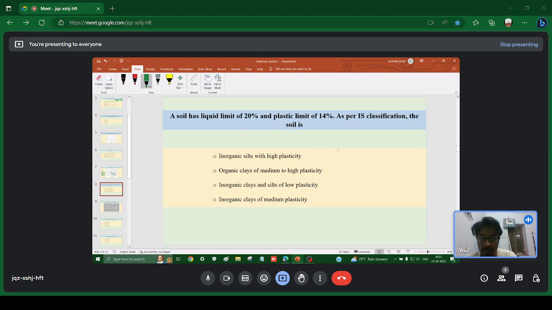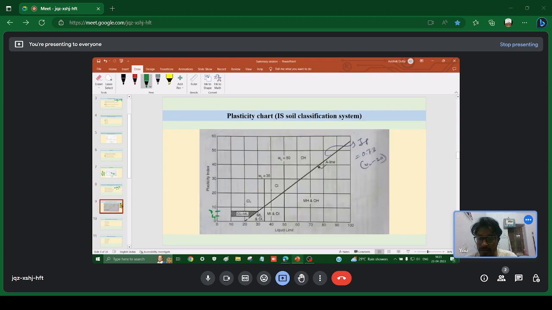So we can find out the plasticity index IP, that will be equal to liquid limit 20 minus 14, that is equal to 6. So plasticity index is 6.